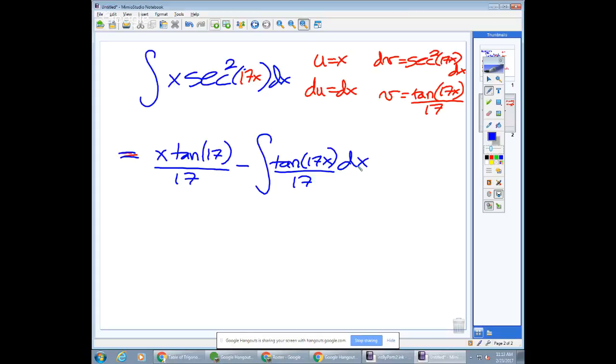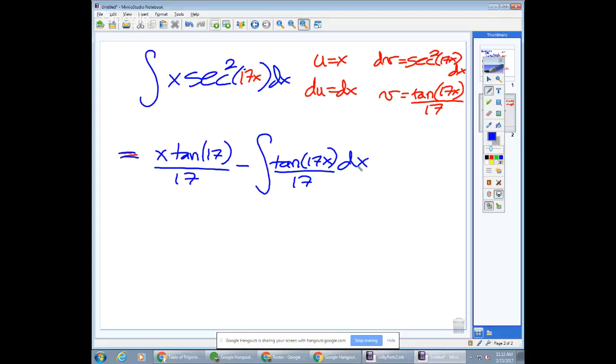And does anybody remember the antiderivative for tangent? We did it in class one day by thinking of tangent as sine over cosine. And we had two different versions of it. Nope. Let's look it up.